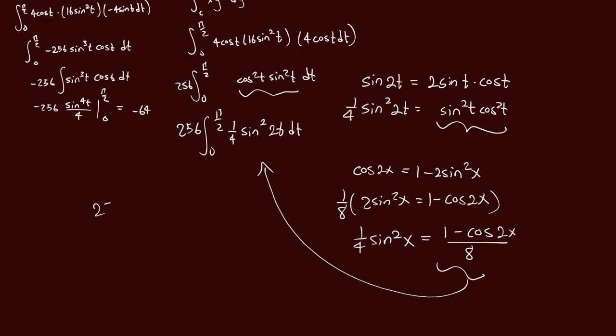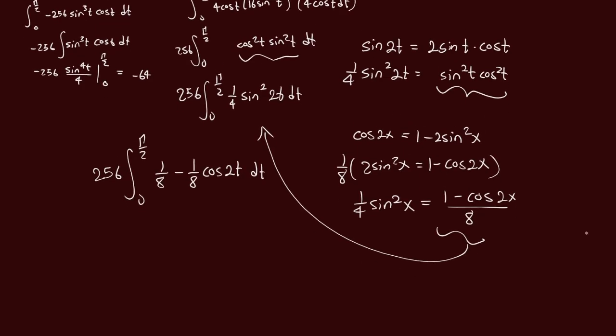So it'll be 256 times (1 over 8 minus 1 over 8 cos 2t) dt. Okay? Now let's take out the 1 over 8, so we'll just put it here.